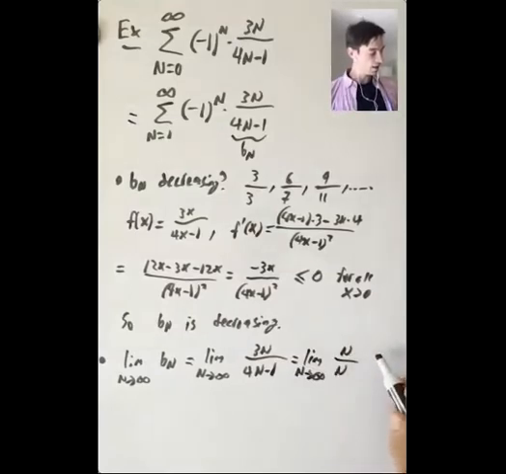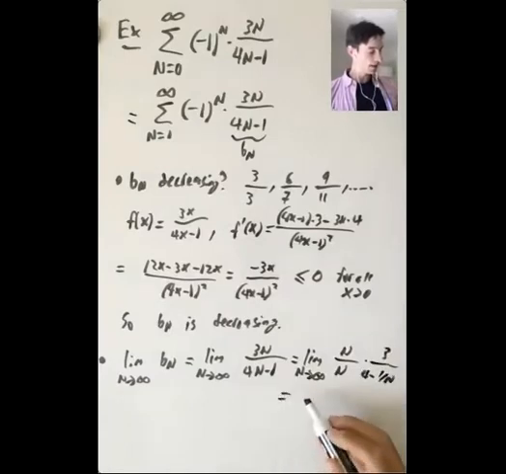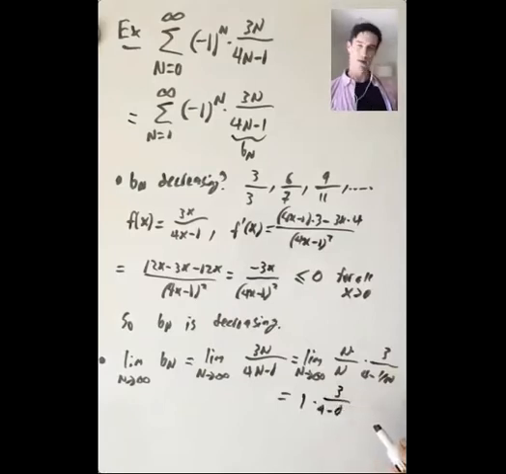You get n over n times 3 over 4 minus 1 over n. So we get something going to 1 times something going to 3 over 4 minus 0. And that's going to 3/4, which is not equal to 0.